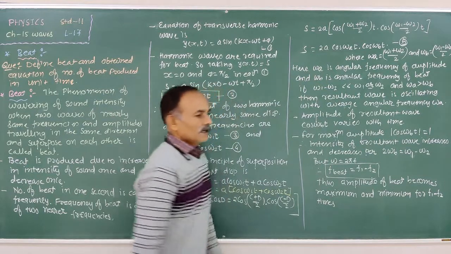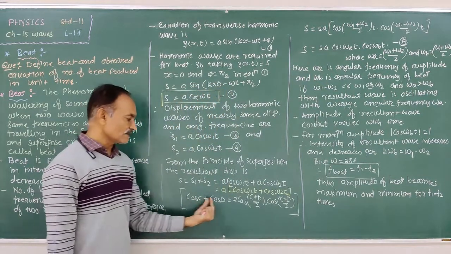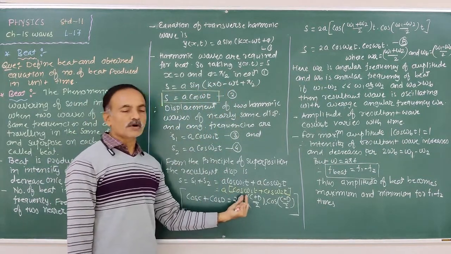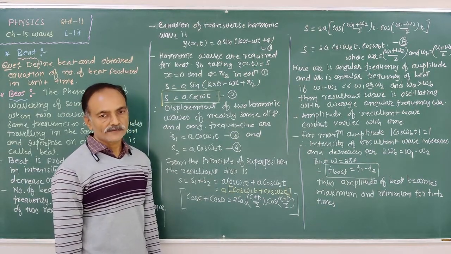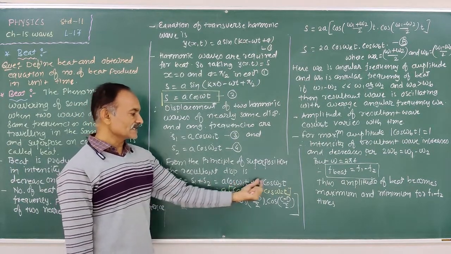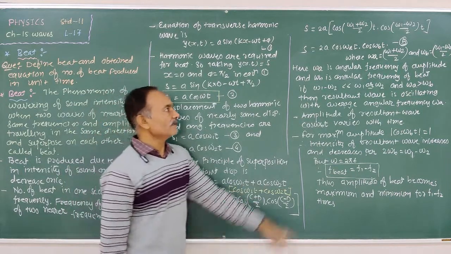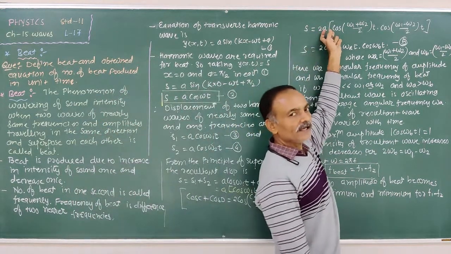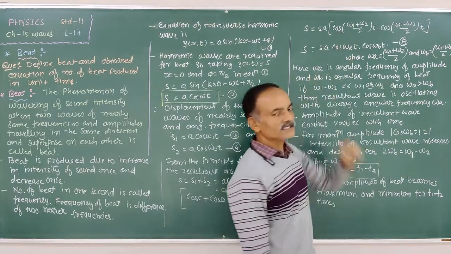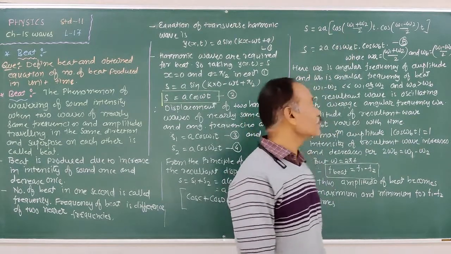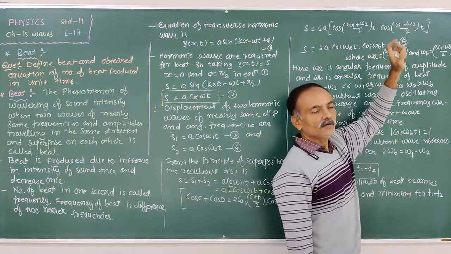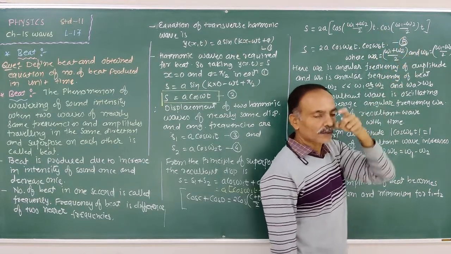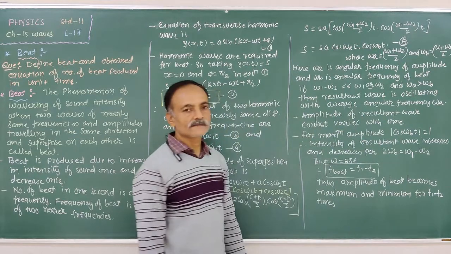Again, we are applying this equation: cos c plus cos d is equal to 2 cos (c plus d) by 2 into cos (c minus d) by 2. Omega 1 is our c, omega 2 is our d. Therefore, S is equal to 2A into cos (omega 1 plus omega 2) by 2 into t, t is common, into cos (omega 1 minus omega 2) by 2 into t.